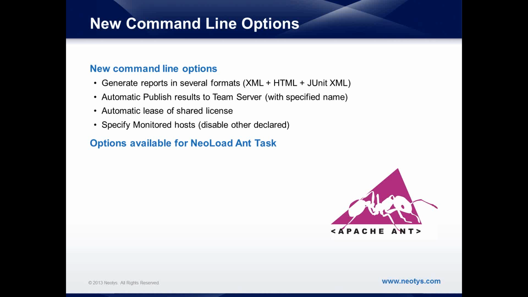You can automatically publish the results to the NeoLoad Team server in case you do collaboration. You can automatically lease a shared license, something very appreciable. And you can choose the monitored hosts for the test. It is available for the command line, but also for the NeoLoad Ant task, which is something dedicated to the Java world, for those who know.